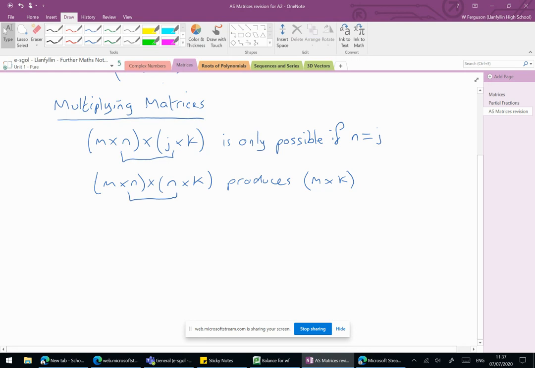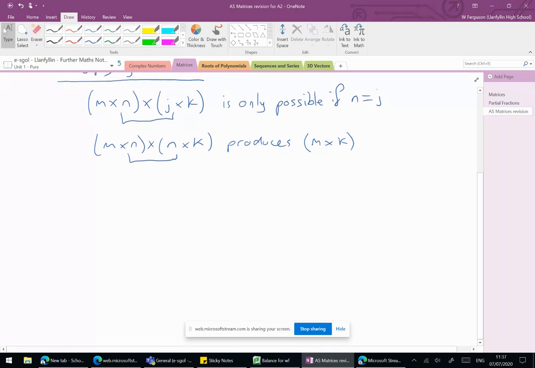The next thing to recognize is that the order of multiplication is crucial. In general, if I have two matrices A and B, and if it's possible to multiply them together, then if I multiply them in that order, AB, generally speaking, it's not going to be the same as multiplying them, if I can, in the other order.